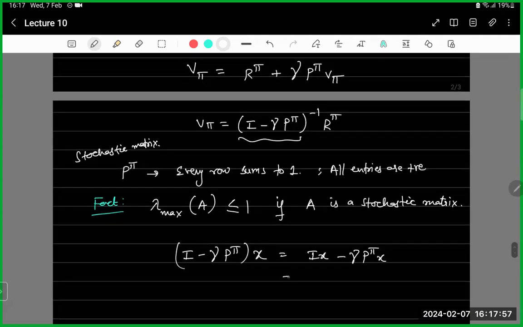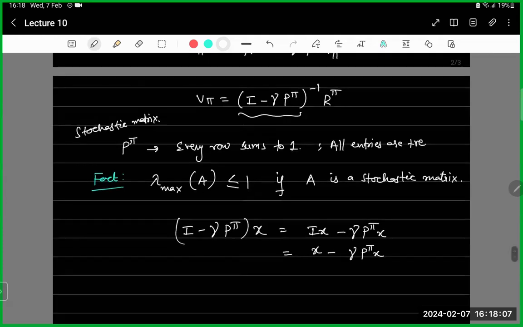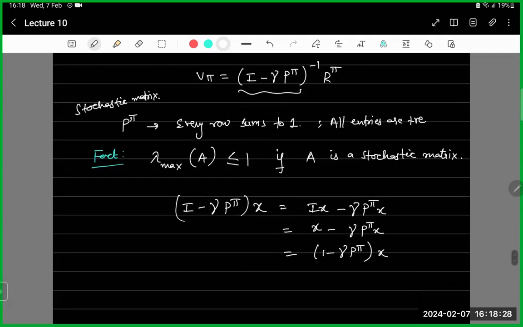And what is Ix equal to? x minus gamma P pi x. P pi x is a vector, right? Because we multiply the matrix with a vector. So you can write it as 1 minus gamma P pi into x, right? So you got this into a form where x equal to lambda x.